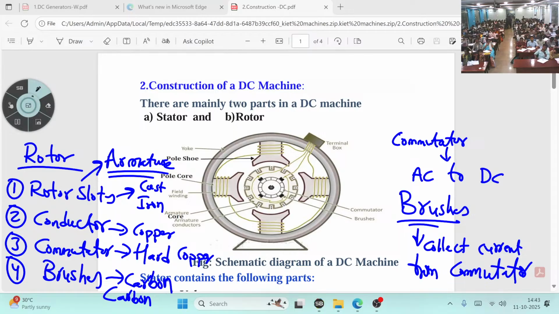This is about construction. You just have to write down each part, the stator part and rotor part, along with its use and the material used. That's all. Next we will study the EMF equation of the generator.